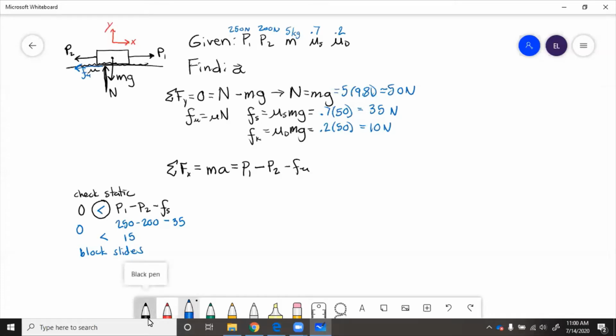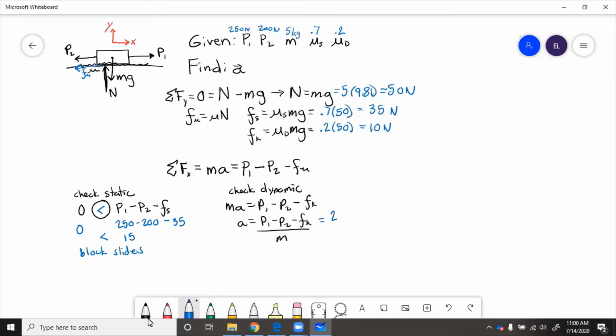So now that we know it slides, we can actually calculate acceleration. So we go back to this equation. We know that MA equals P1 minus P2 minus FK. So then A equals P1 minus P2 minus FK over M. So we put numbers into this.